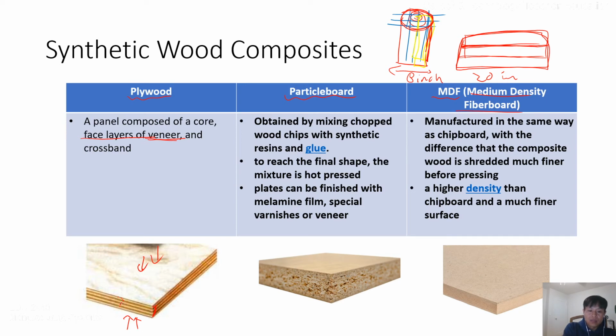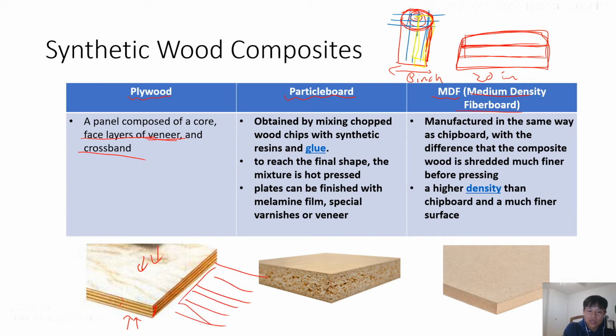When they make the sandwich panel, they use a cross pattern, called cross band. The first layer has the grain going this way.